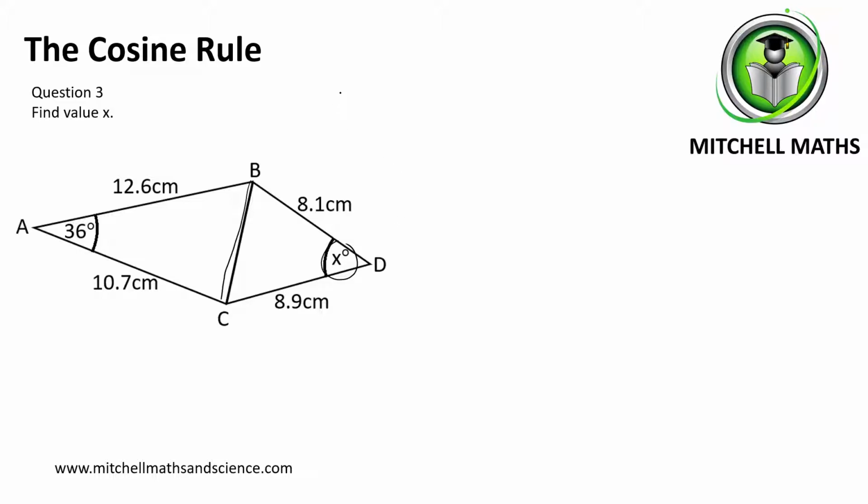First off, we need to know the cosine rule, so it's a squared equals b squared plus c squared minus 2bc cos A. Therefore, if I label this triangle, I've got side b, I've got side c, and I've got side a. And the angle's A, so that's okay. I don't have to change any of the labels that they've already been given.